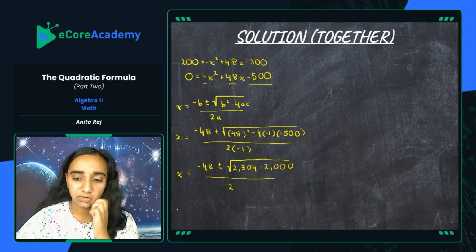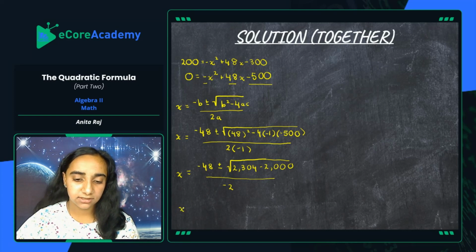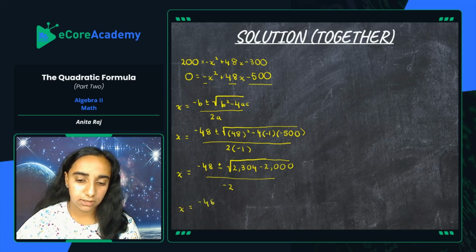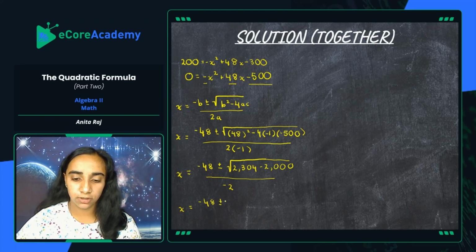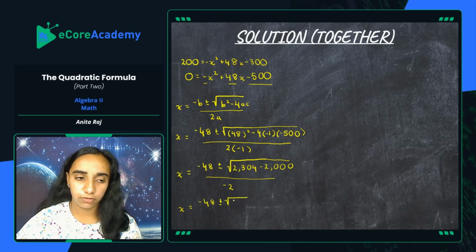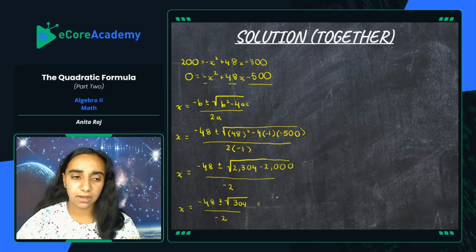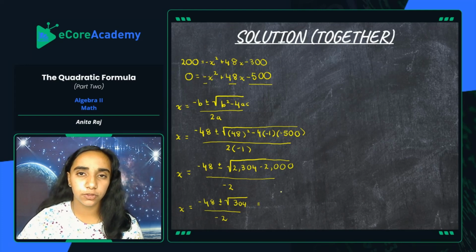So afterwards, we are going to get x is equal to negative 48 plus or minus. So 2,304 minus 2,000, that's pretty easy. That's just 304. So the square root of 304 over negative 2. If you simplify that, the square root of 304 is about 17.4356.